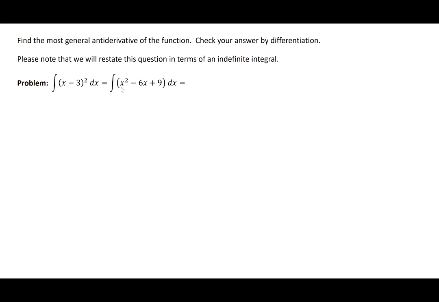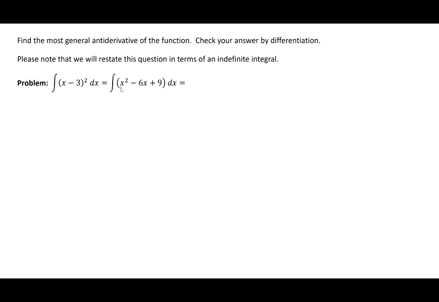Does x squared look like x to the n? What is n? n is 2, right? So the integral should be x to the n plus 1, that is x to the 2 plus 1, which is x cubed, over 2 plus 1, which is 3. So the integral of x squared is x cubed over 3. Are you cool with that?